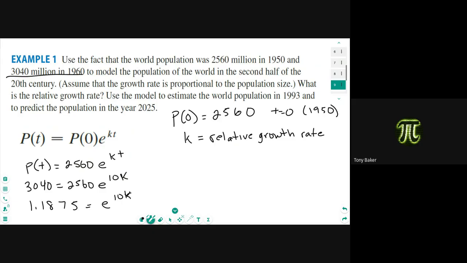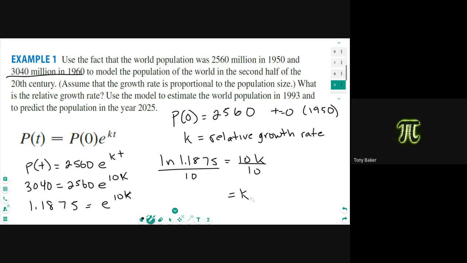Since I'm using e, use the natural log. I would use the natural log no matter what value was there, although technically, if it was a different base, you could use a different log. So I take the ln of both sides. The ln and the e cancel out, and I'm left with 10k. And then divide by 10.